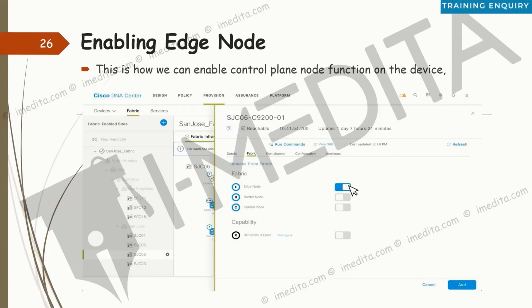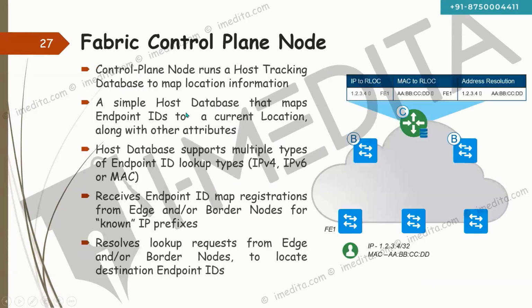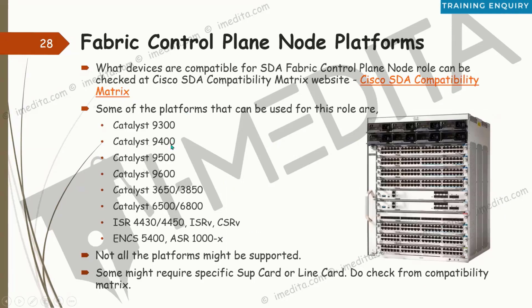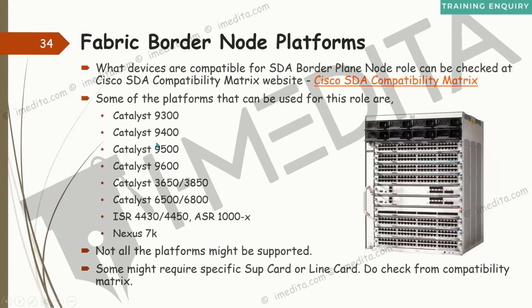Okay. So if I am purchasing a switch that is capable of edge node, there is also a possibility that I cannot make that switch a border or a control plane node, right? Let's say you are purchasing a Catalyst 9500 series switch. It can act as the edge node, it can act as the control plane node, as you can see here, and it can also act as the border node.